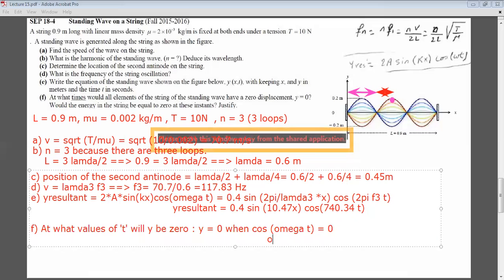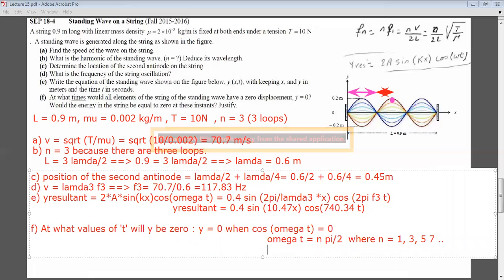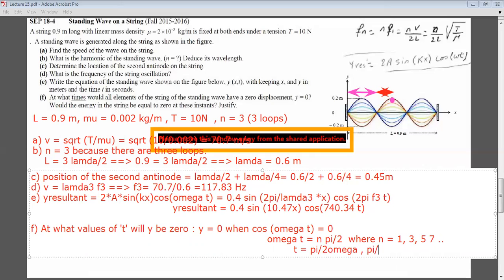And this happens when omega t is equal to n pi over 2, where n is equal to 1, 3, 5, 7, etc. So this happens at times t equal to pi over 2 omega, 3 pi over 2 omega, 5 pi over 2 omega, etc.